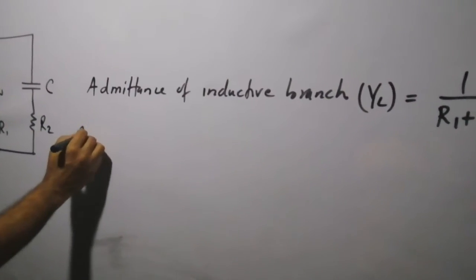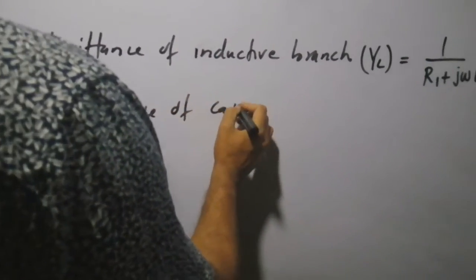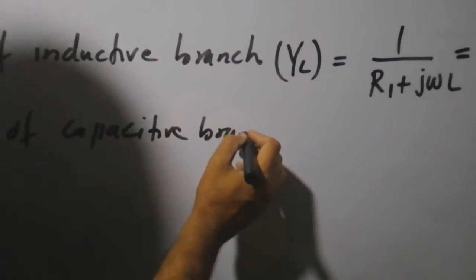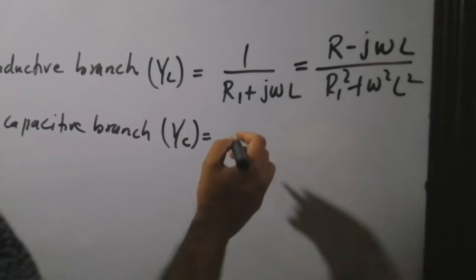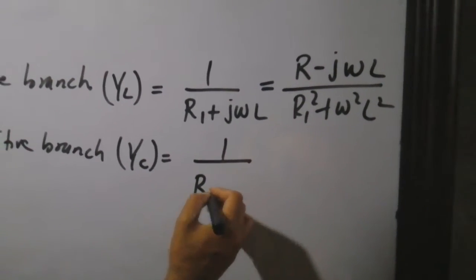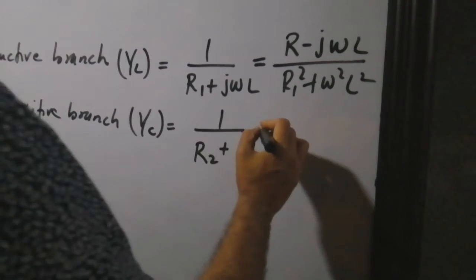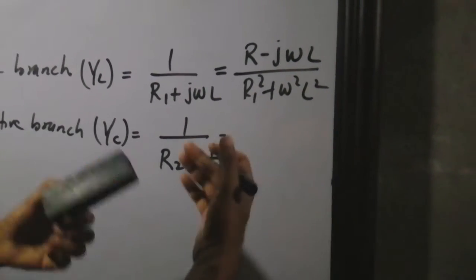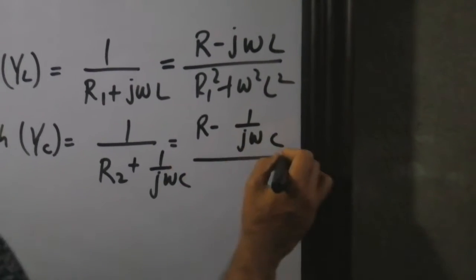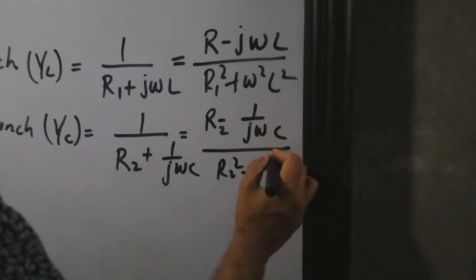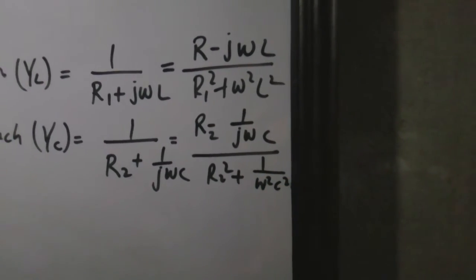Likewise, the admittance of the capacitive branch, I denote by YC, will be equal to 1 upon the resistance here, which is R2, plus the value of this, which is 1 by j omega C. Again, with the same logic, to separate the real and imaginary parts I have to rationalize it, so this will be R2 minus 1 by j omega C upon R2 square plus 1 by omega square C square.